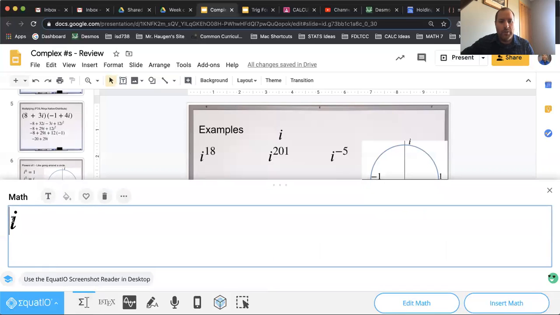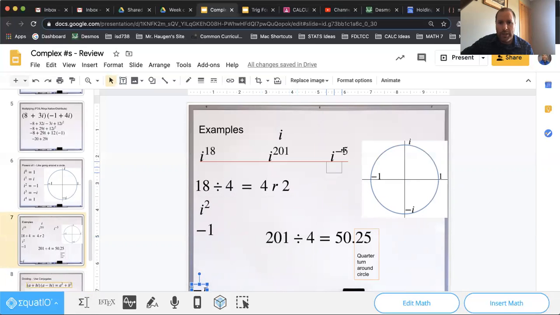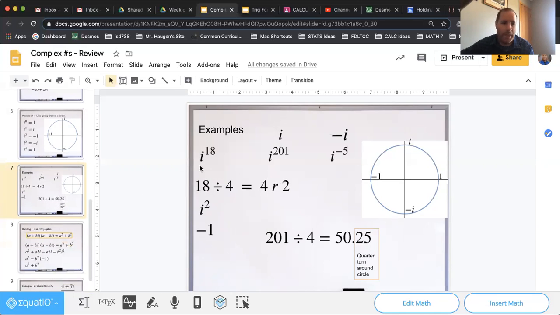So that's how we can simplify stuff with exponents. It's not too bad. Again, if you have other questions on those, you can send those my way. You can either do it by remainder, by counting around the circle, or by asking what percent of the circle we got through.